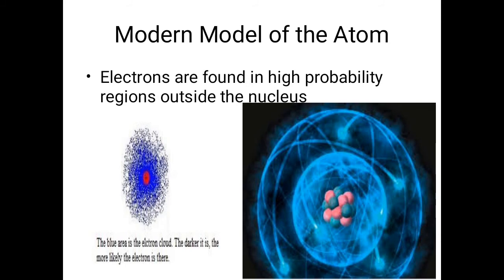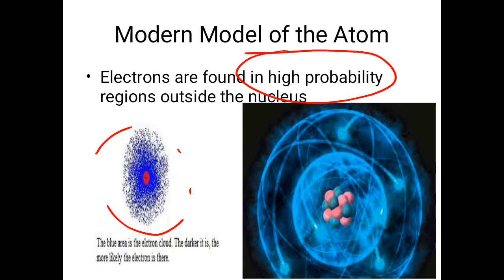And now we are learning a new term, high probability. Probability means the possibility of finding. So the possibility of finding these electrons is outside the nucleus. So it's a region where electrons can be traced, can be found.